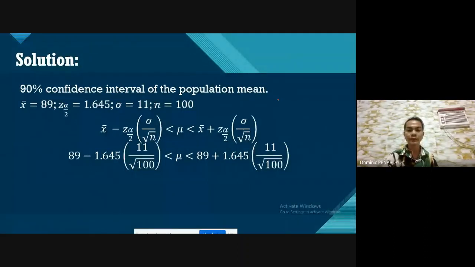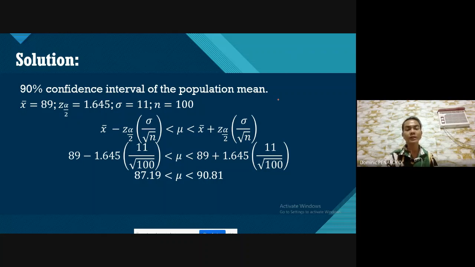That is for the lower limit. And for the upper limit, we have 89 plus 1.645 times the quantity 11 over the square root of 100. Now, using your calculator, you will arrive at an answer of approximately 87.19 for the lower limit and 90.81 for the upper limit.